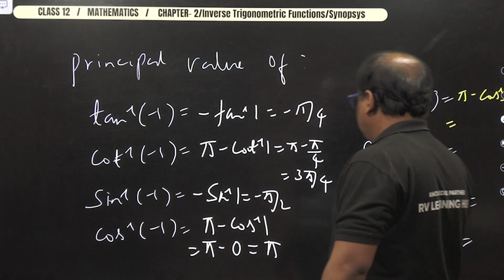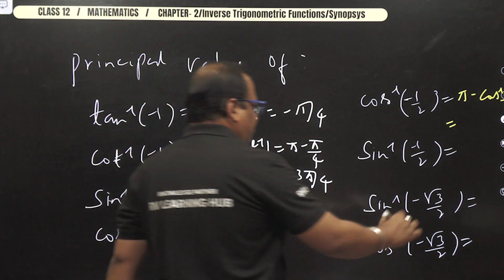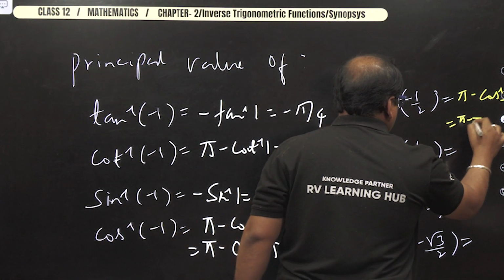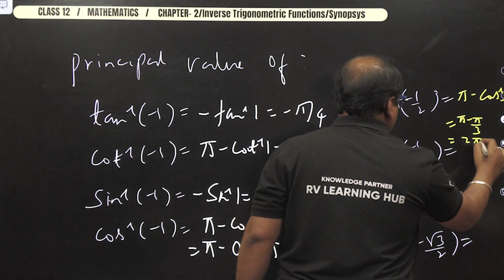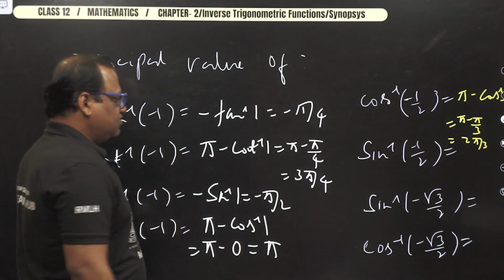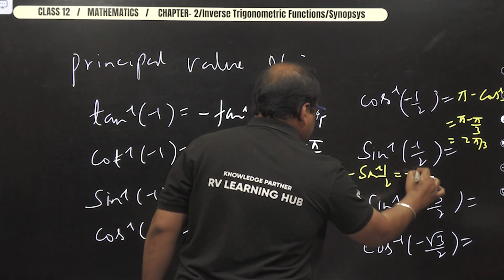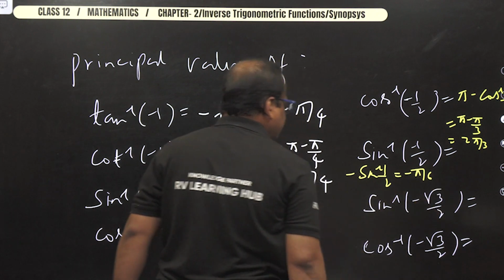Half comes at 60 degrees, right? 60 degrees. Pi minus pi by 3, so 2 pi by 3. Sine inverse of minus half is minus sine inverse of half, which is minus pi by 6.